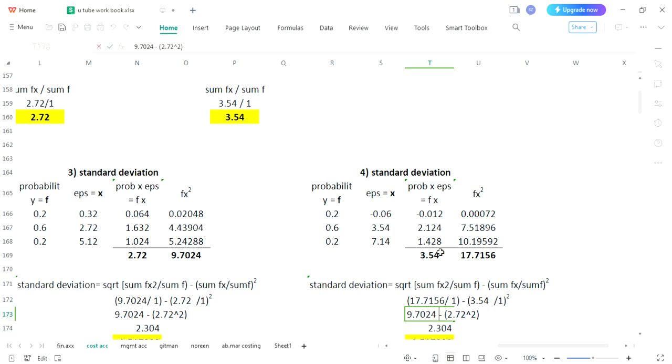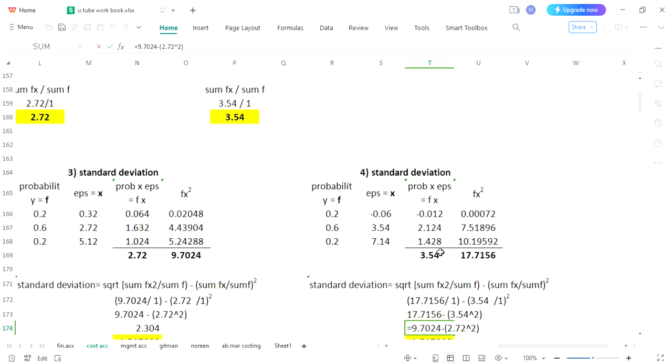Obviously, when you divide 17.7156 by 1, you will get 17.7156 again, and when 3.54 is divided by 1, it will be the same 3.54.